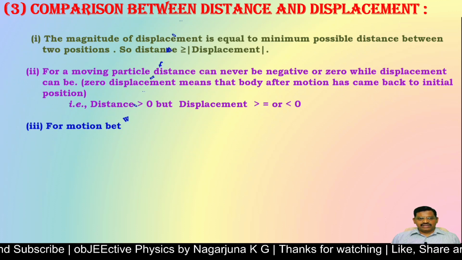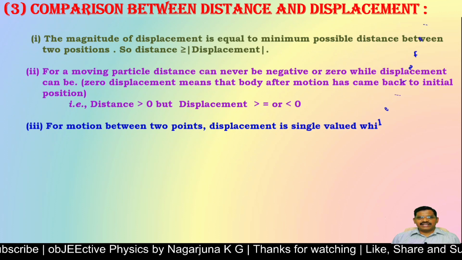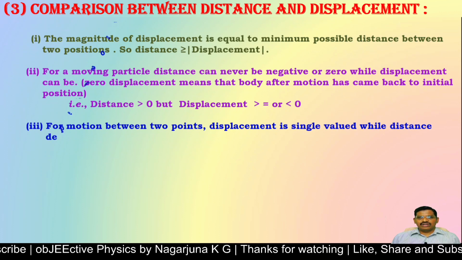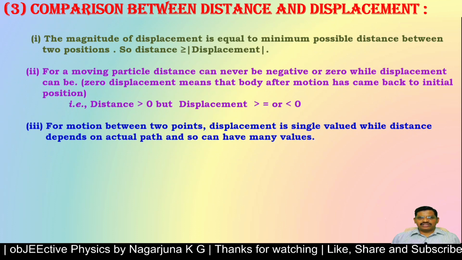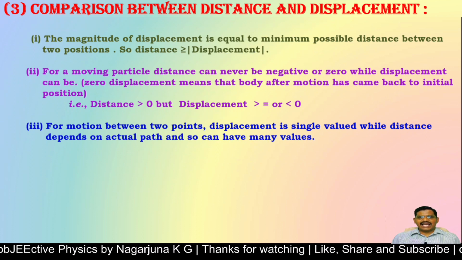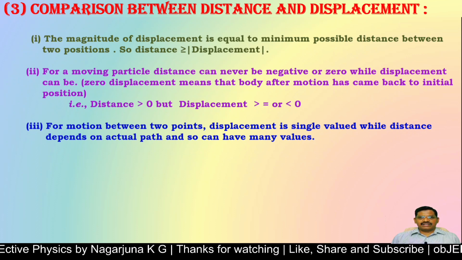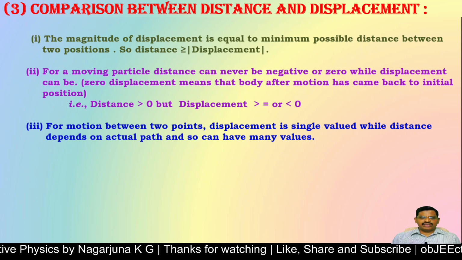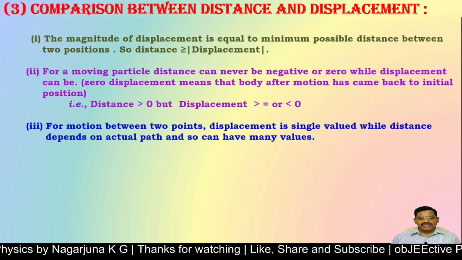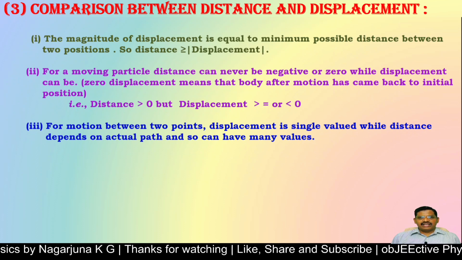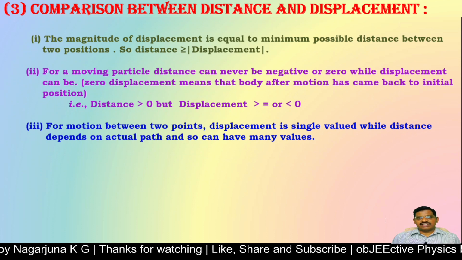Next point, for motion between 2 points, displacement is single valued while distance depends on actual path and so can have many values. For example, let us assume that a particle is travelling between 2 points A and B in different paths of different distances.